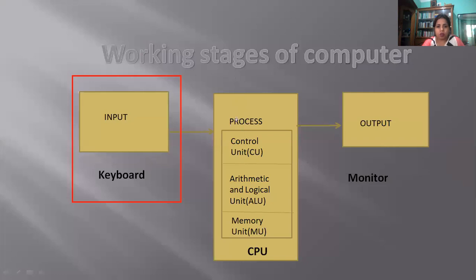Got it? All the hardware controlling parts are done by control unit. Calculations and logical decision making works are done by arithmetic and logic unit, and storing work are handled by memory unit. Got it? And this as a whole is known as processing unit.